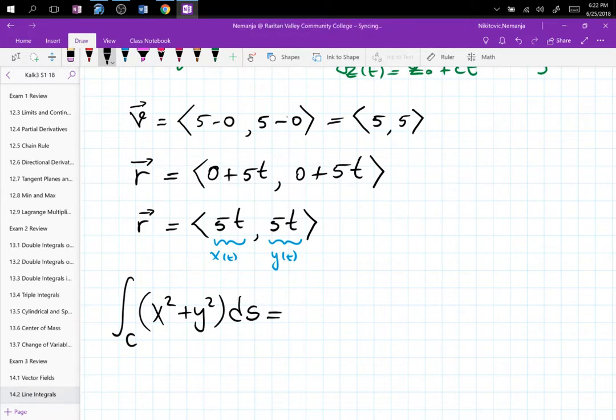Oh, I forgot to say that in order to go from 0, 0 to 5, 5, your t must be between 0 and 1. Plug in t equals 0, the vector will become a location. If you plug in t equals 0, it will be 0, 0, and that will be the first location. If you plug in t equals 1 second or 1 hour, then this will be 5, 5, and that's the terminal location.